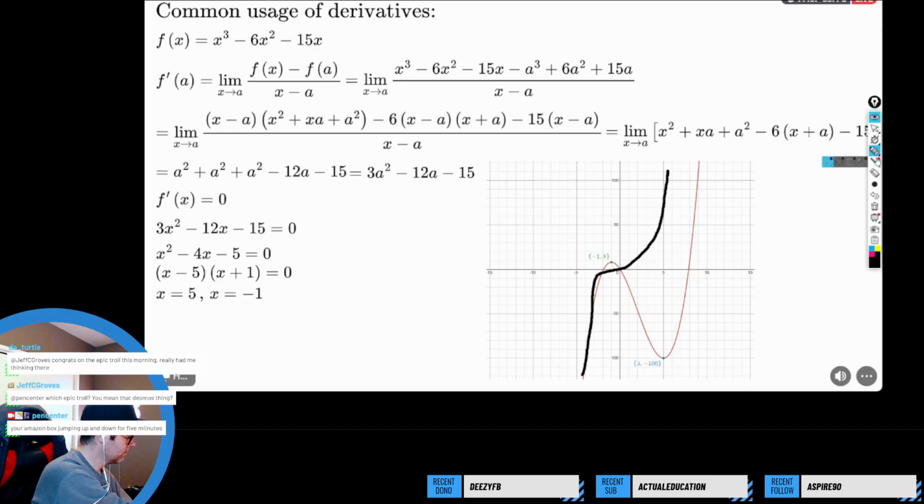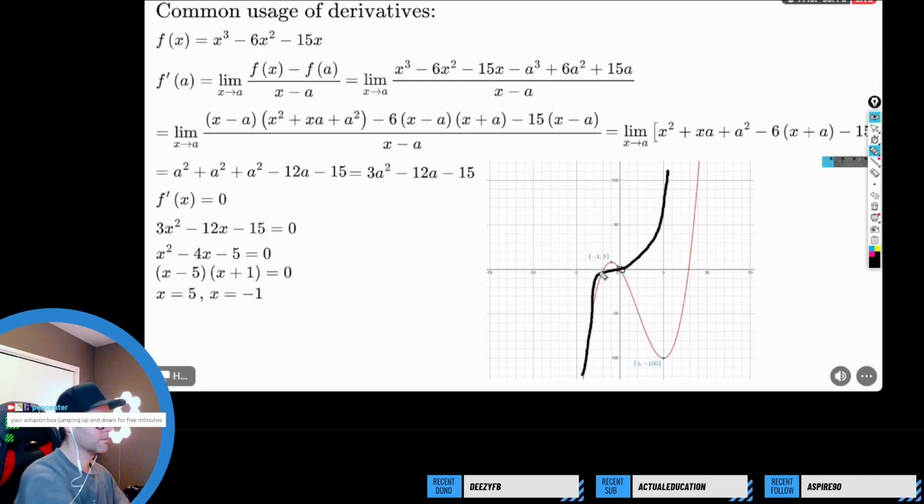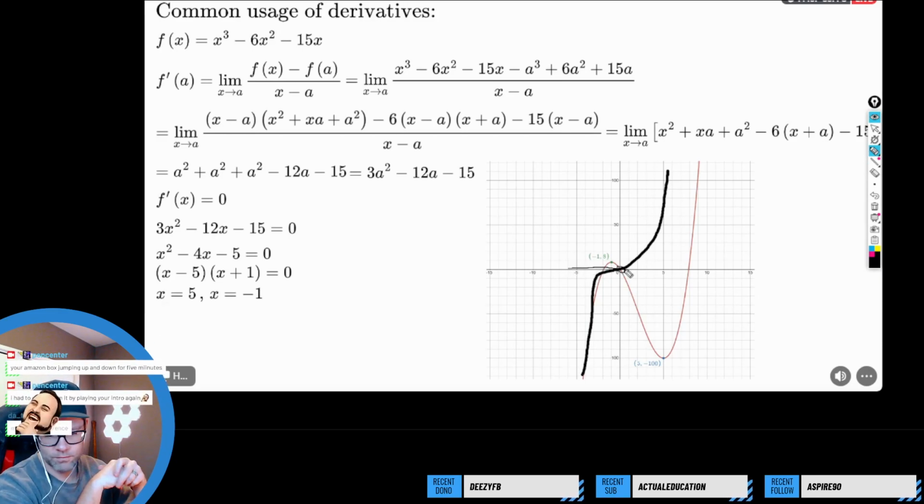At the point here at 0, its derivative is actually 0 if we take it, but it does not have a minimum or a maximum point here.